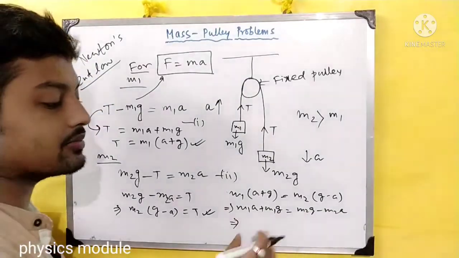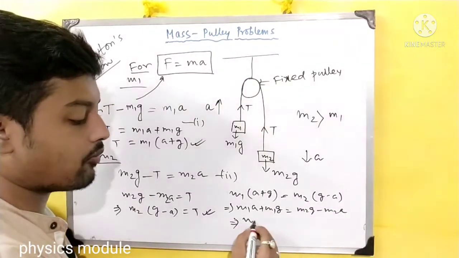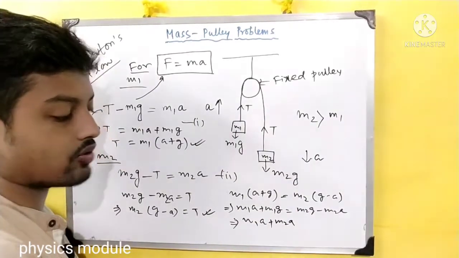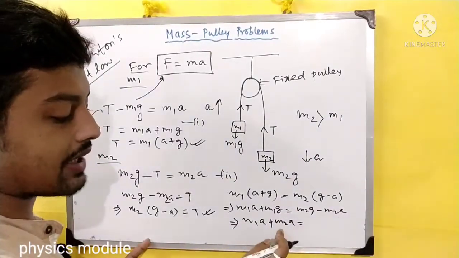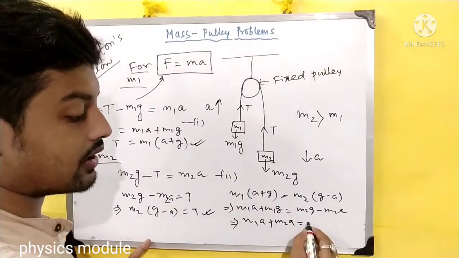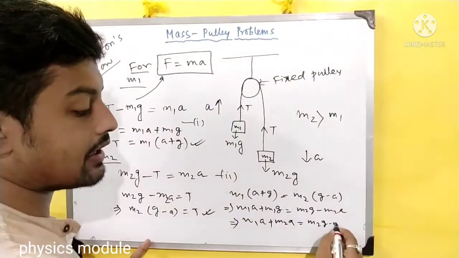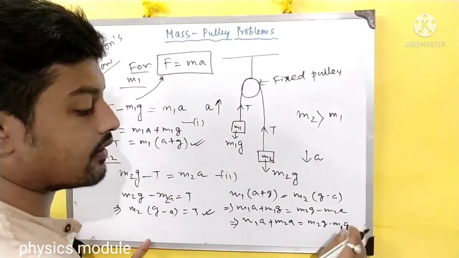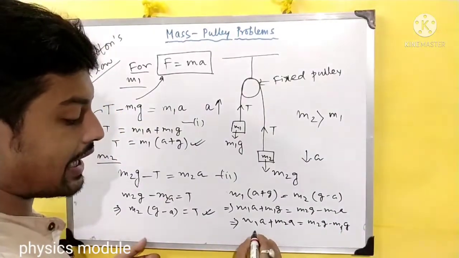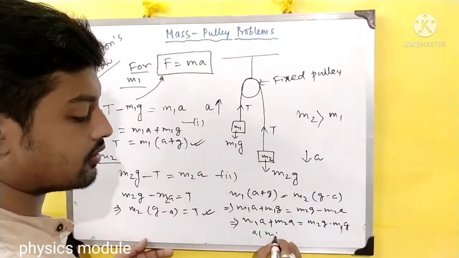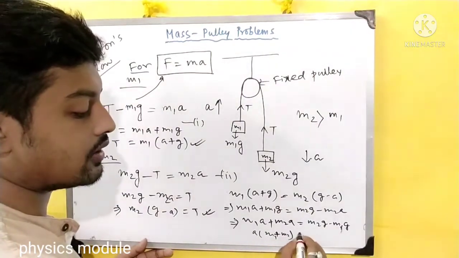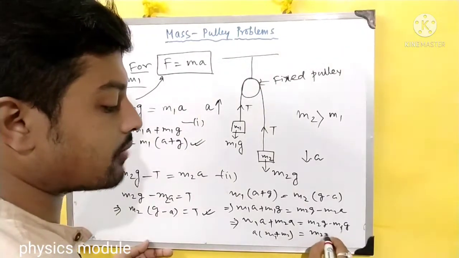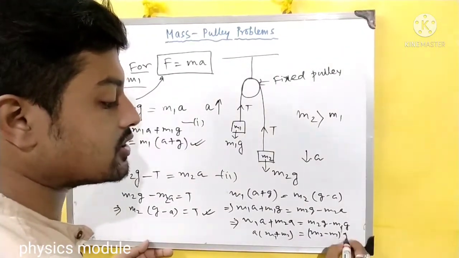Separate the a terms: m1a plus m2a on one side, and for the other side, m2g minus m1g. So taking a common, a times (m1 plus m2) equals, taking g common, (m2 minus m1) times g.